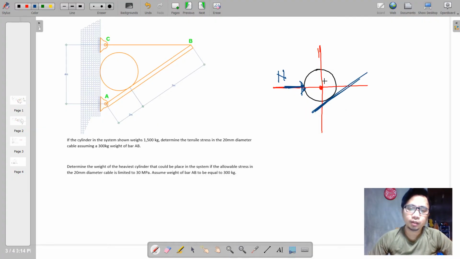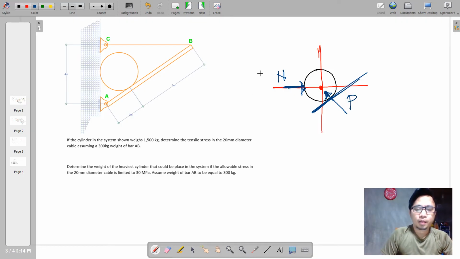That is why the reaction of the bar to that of the cylinder is also towards your cylinder. Say I'm gonna term this as force P. Okay, and then what else? Of course, this cylinder has a weight.